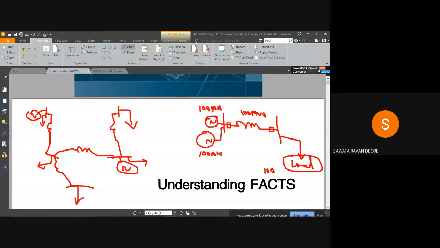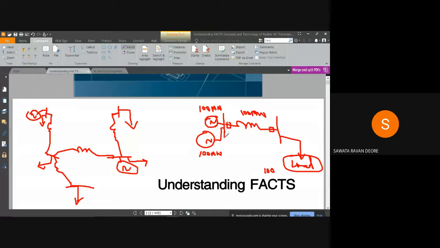Obviously, because of this additional same rated generator we need to install, the cost involved is very high. But it will handle the contingency of generator outage. What about the solution for transmission line outage?